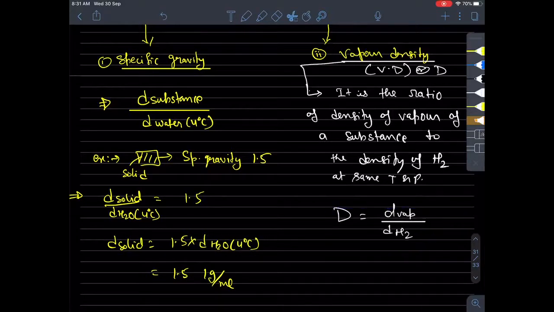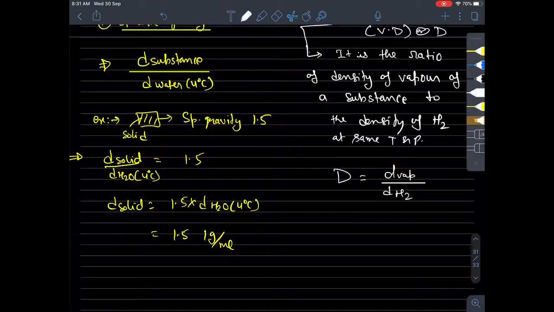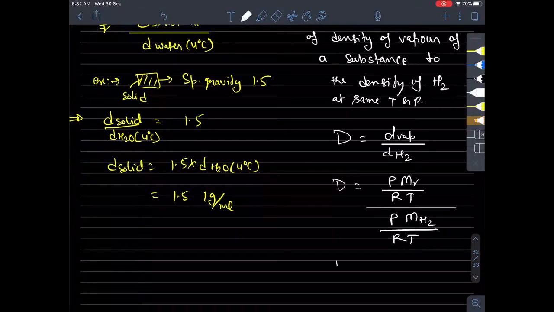If you write it down, you will figure out density is pressure into molecular weight of vapor divided by R into T. That is how the density of the gases is defined. So pressure into molecular weight of hydrogen divided by R into T. Everything gets cancelled out.